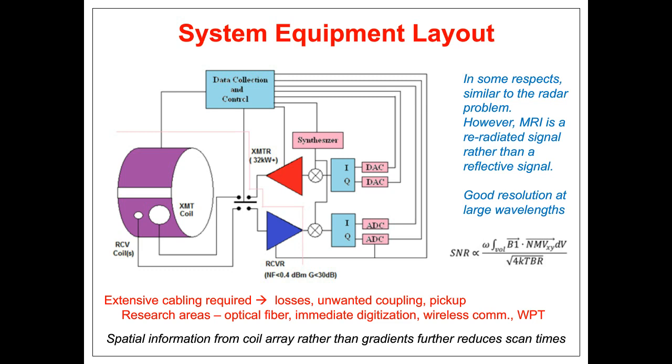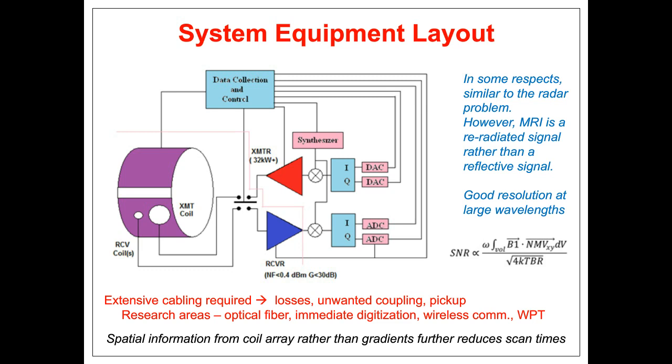There's actually some work being done now with wireless communication. That is, after the LNA picks it up, it's sent digitally outside the magnet to a receiver outside. And then to prevent the need for DC power into the magnet, there's wireless power transfer. So a lot of work is being done on the receive side of how to get the signals out.